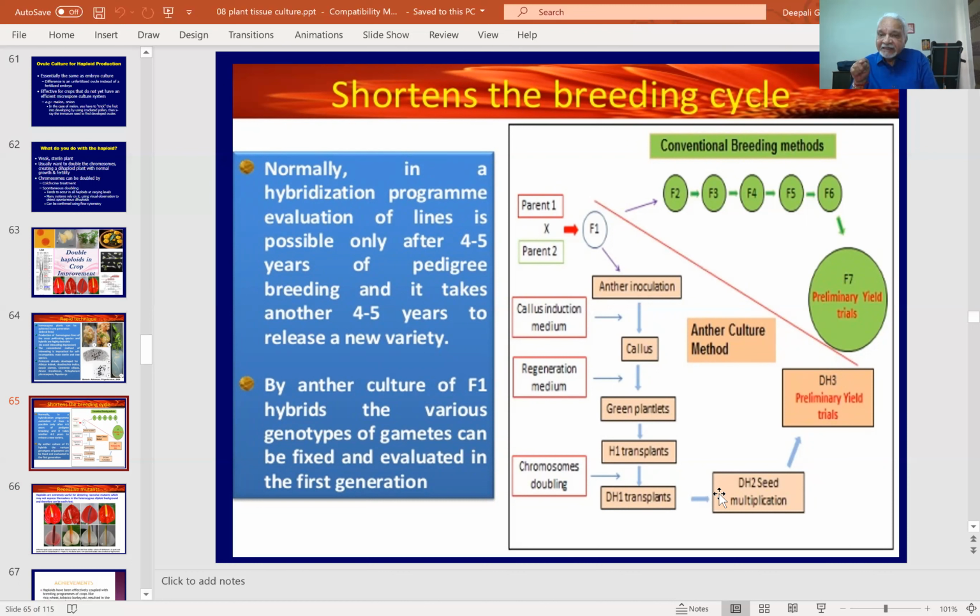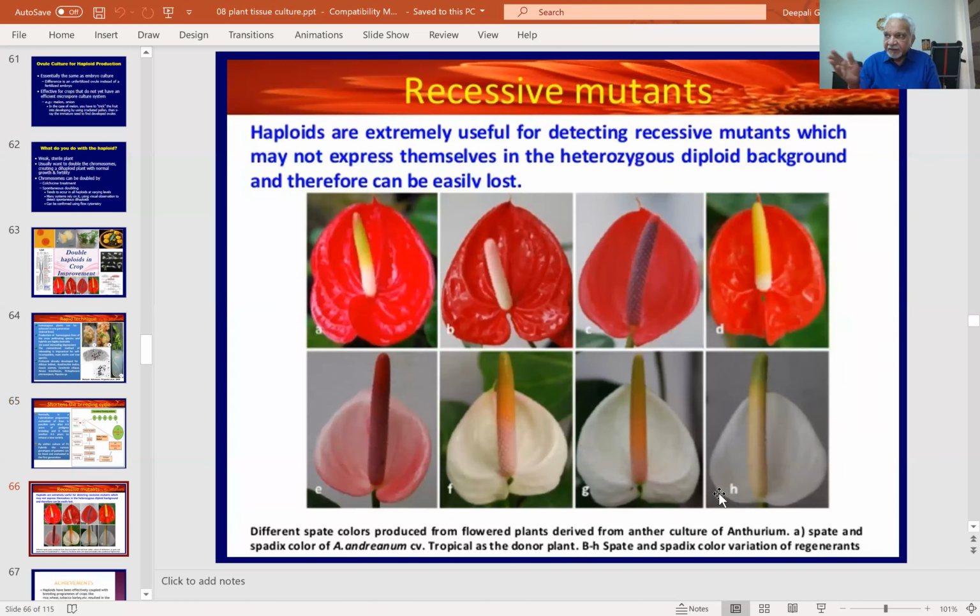another advantage achieved here is homozygosity for recessive characters, which is still tougher. Dominant characters you can select and inbreed, select and inbreed, and so on. Recessive characters are very difficult to work with. But with this technique, even recessive mutations or mutants can be made diploid and fixed, in the sense that once they are fixed, they express.